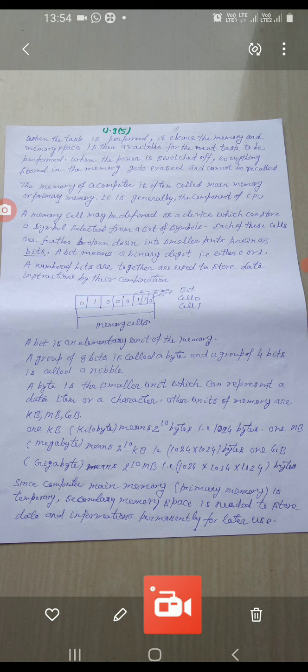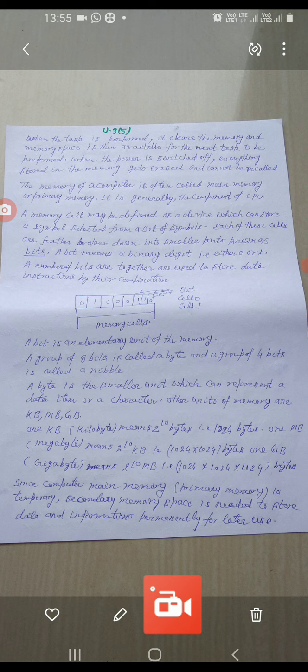Then the answer will be, a bit is the elementary unit of the memory, and a group of 8 bits is called a byte, and a group of 4 bits is called a nibble. A byte is the smallest unit which can represent a data item or a character.